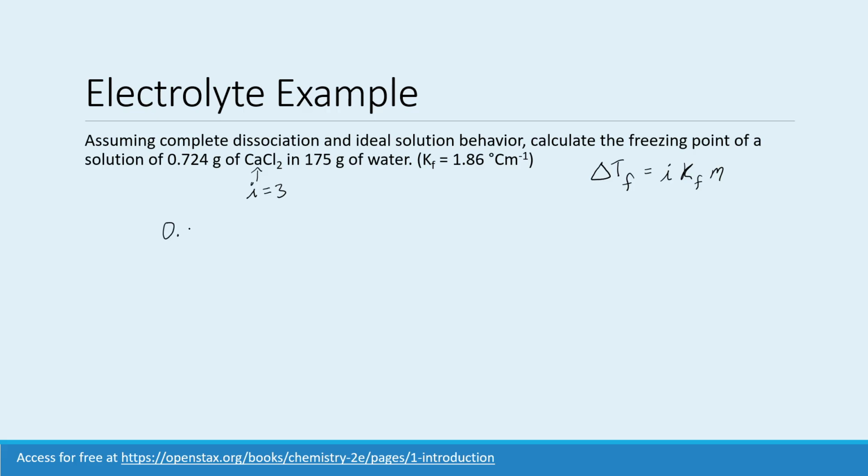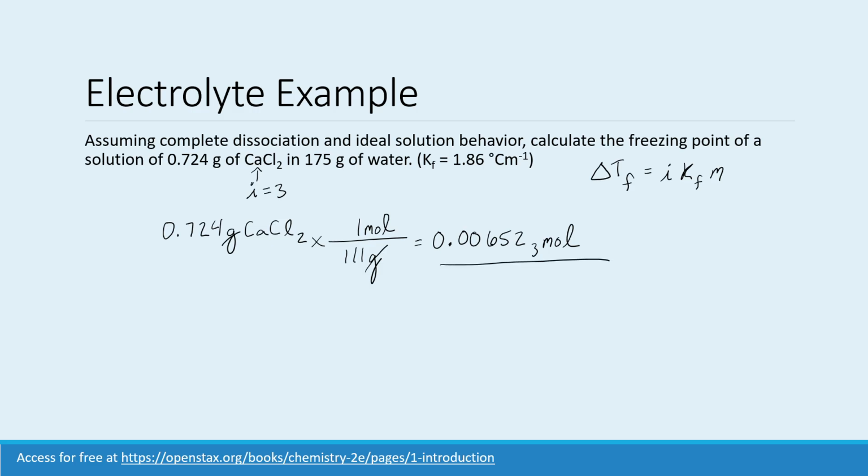Of course, we've got to calculate the molality of the solution by taking the 0.724 grams of our solute and converting that into moles. So dividing by the molar mass, which is 111 grams per 1 mole, grams cancel. That leaves us with 0.00653 moles of the solute.